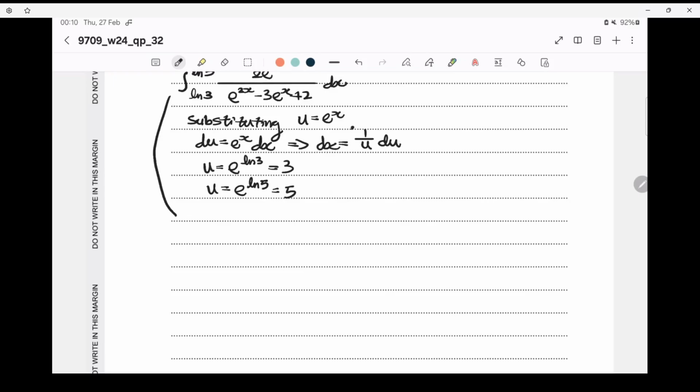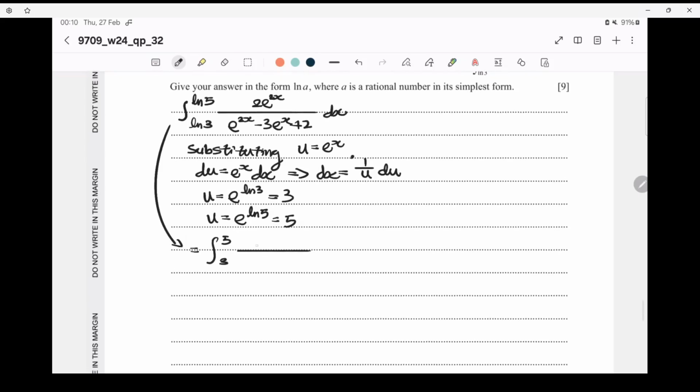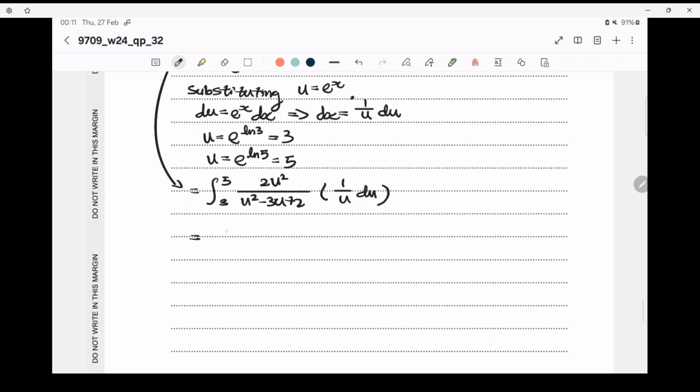Therefore, this particular integration becomes integral from 3 to 5 of 2u squared over u squared minus 3u plus 2, times 1 over u du. Perhaps I should write here.